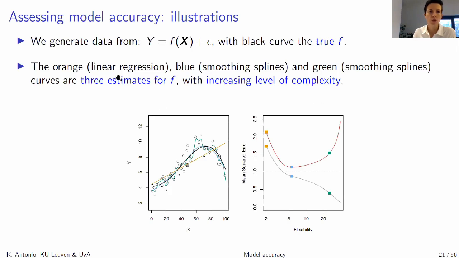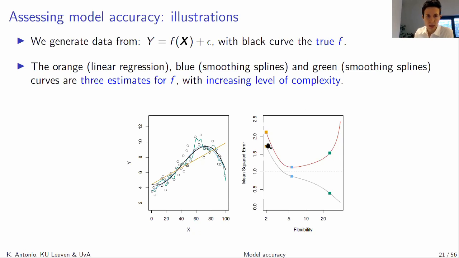And what we're going to do is fit three different models for this true f. We're going to do a linear regression, which is pictured here in orange. We're going to do a blue curve, which is a smoothing spline, and a green curve, which is another smoothing spline, but with a different level of complexity compared to the blue one, right? As such, we construct three different estimates for the model f, with increasing level of complexity.